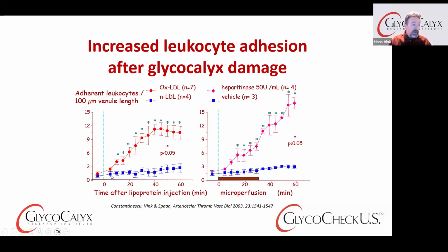The blue data points are control numbers, so very low sticking of leukocytes under control situations. And as soon as there's damage to glycocalyx, this time caused by high levels of oxidized LDL cholesterol, there's a significant increase of sticking of leukocytes to the vessel wall, contributing to the local inflammation.